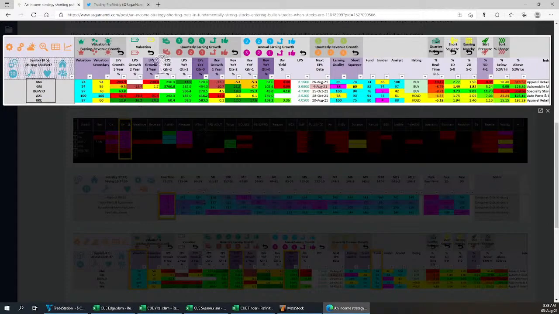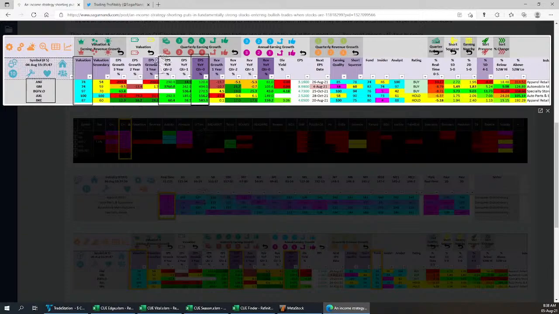ANF, GM, BGFV, AXL, and BKE. What was common for all of them? Fundamentally, they are all undervalued with extremely high earnings growth in the last quarter, more than 100% year on year quarterly earnings growth, and even for the last 3 quarters it is mostly green for all of these stocks.